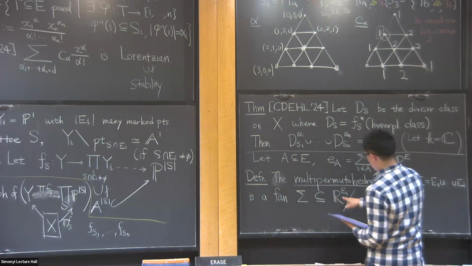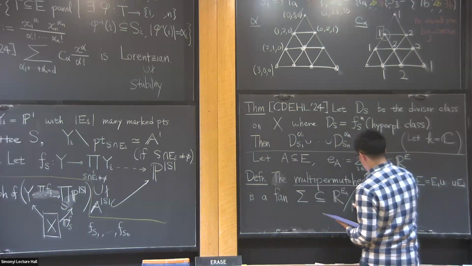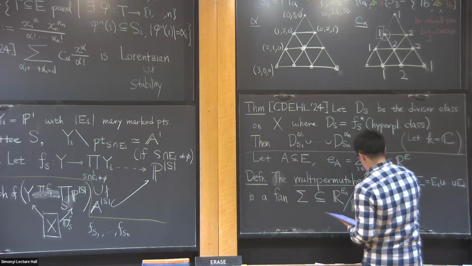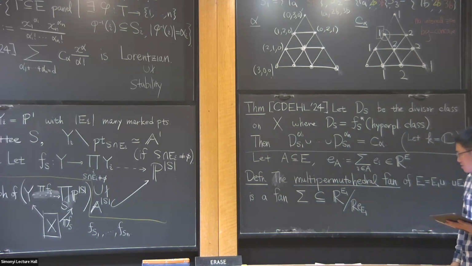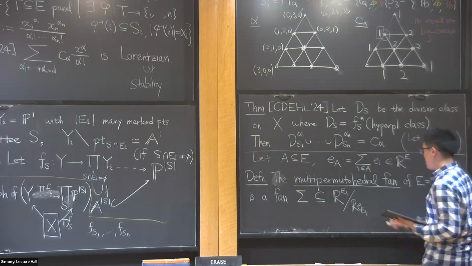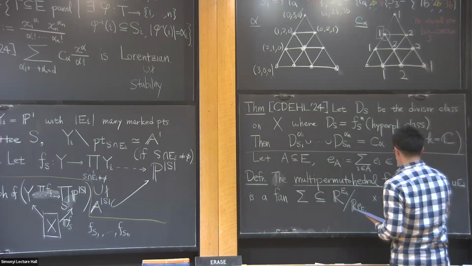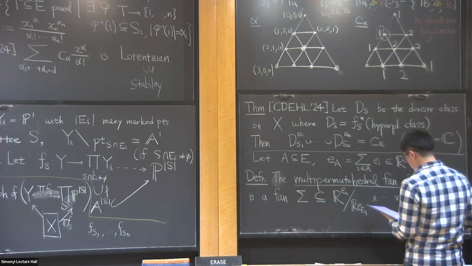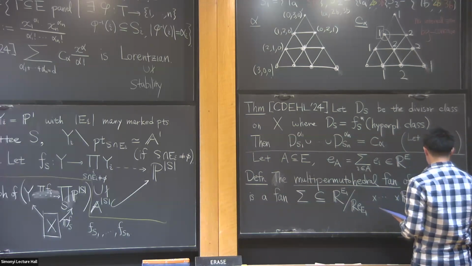So I take R to the E1 modulo the all-ones vector in R to the E1, in other words, E sub capital E1, and so on for each part.